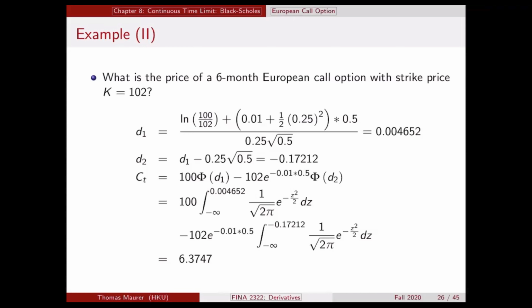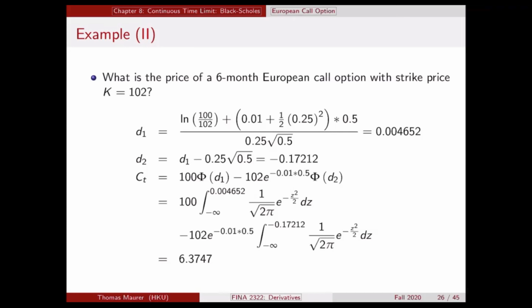So that gives you the threshold value of 0.04652, and then you can get the other threshold value, D2, so that's the one under the risk neutral probability Q instead of under Q star. That is just D1 minus the standard deviation of 25% times square root of that 6 months to maturity, which gives you minus 0.17212.